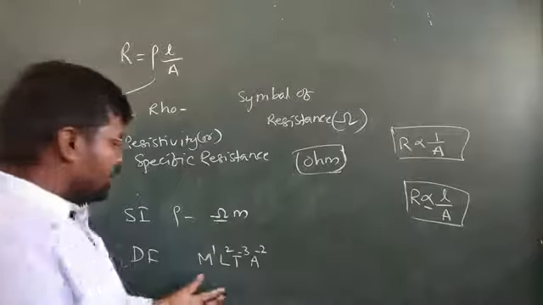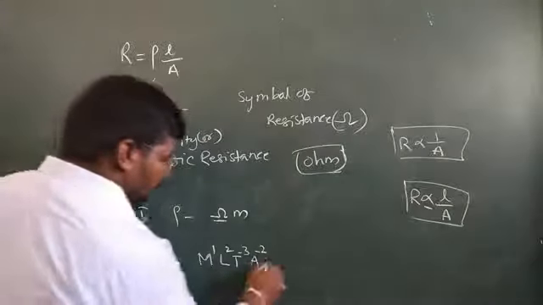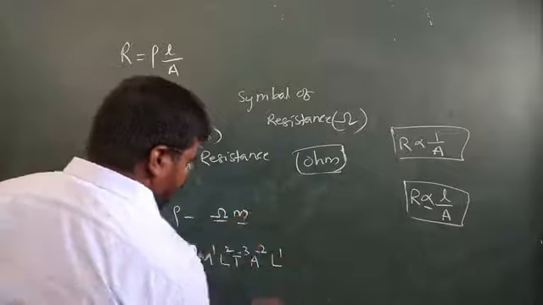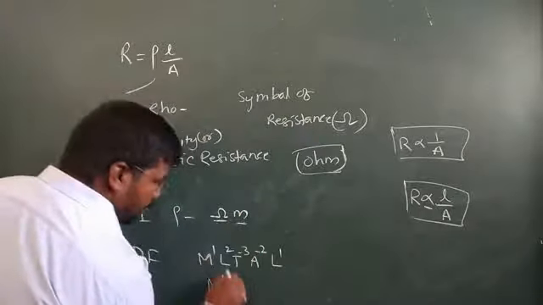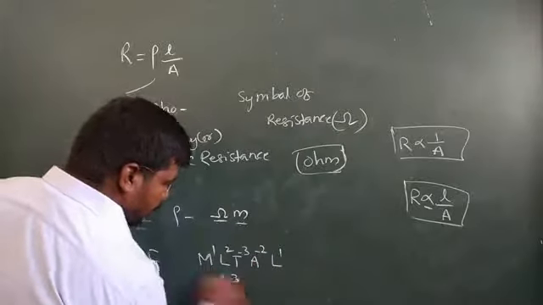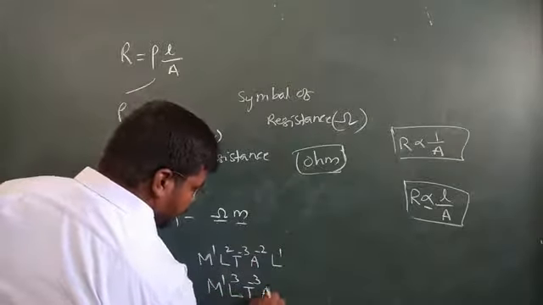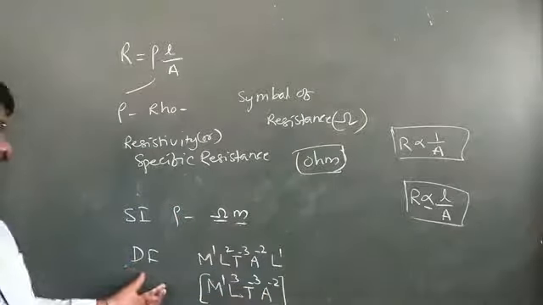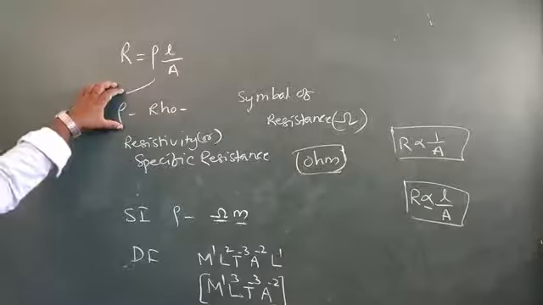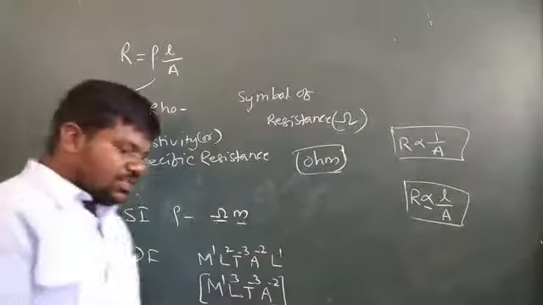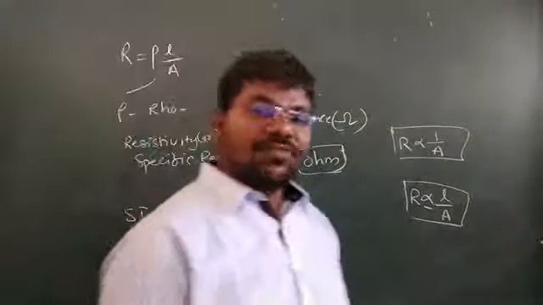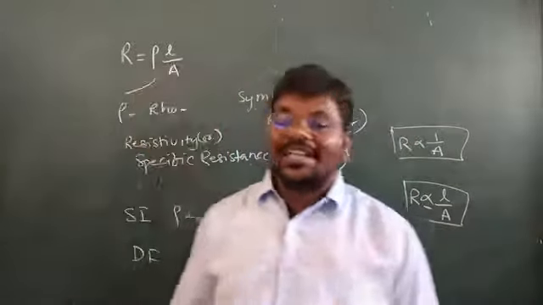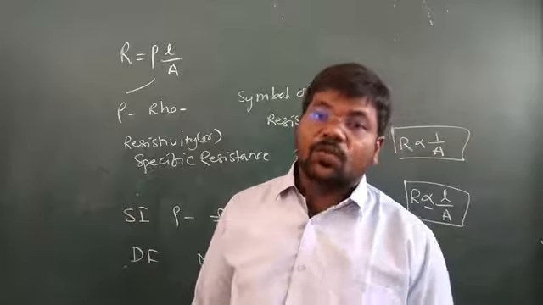Here length is in meters, so L power 1: M power 1, L power 2 plus 1 is L power 3, T power minus 3, A power minus 2. This is the dimensional formula of specific resistance. So what is specific resistance? Resistance of a conductor of unit length. What is the SI unit of resistivity or specific resistance? Ohm meter.